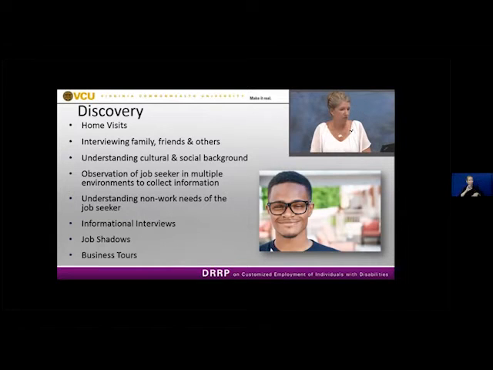It's also important to observe the job seeker in multiple environments to collect information. We can observe them in their home, their school, and social settings, as well as places that are novel to the individual. And what can we learn from that? Well, we can learn a lot. Just by taking someone to the mall, we can learn what they like, how they handle money. Are they able to make a transaction on their own?